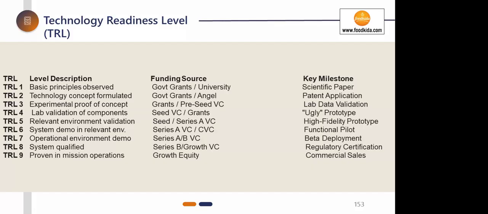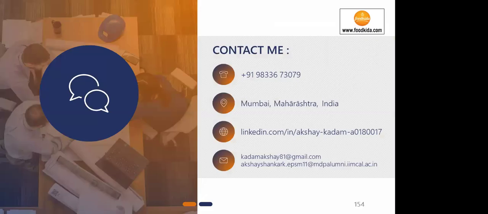If the key milestone is a patent application or experimental proof of concept, you also get a grant for that. You should have lab data validation as a key milestone. Then at each TRL level, basis your TRL level, you get the funding from the incubation. So this is just for your reference. Okay.